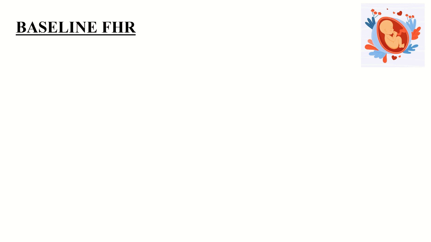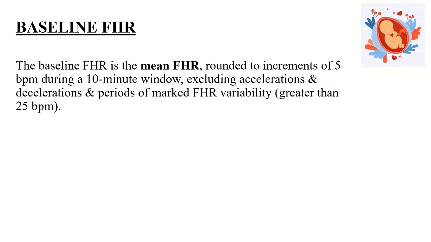First is the baseline FHR. Baseline FHR, simply, we can understand as the average fetal heart rate over a period of 10 minutes. The baseline FHR is the mean FHR rounded to increments of 5 beats per minute during a 10-minute window, excluding the acceleration and deceleration and periods of marked FHR variability greater than 25 beats per minute.